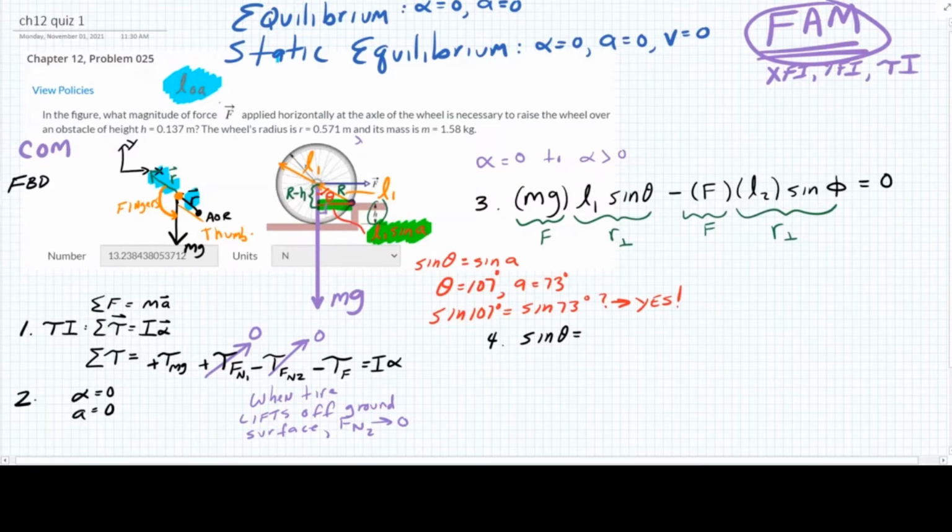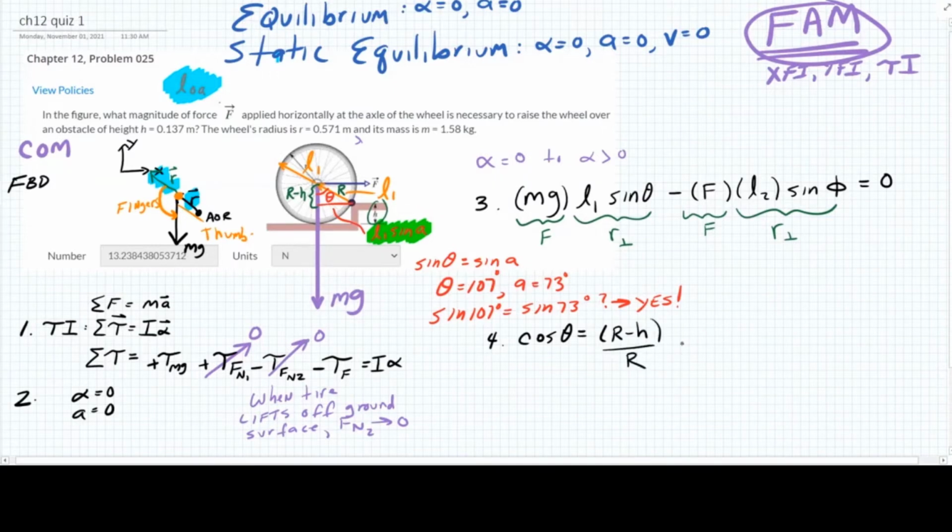Sine of this angle, no, I guess I want cosine. Cosine of this angle theta, referring to that little triangle that's getting kind of sloppy. Let me make it just a tad bit less sloppy. Okay, cosine of that angle is the side adjacent, R minus H, over the hypotenuse, which is R.